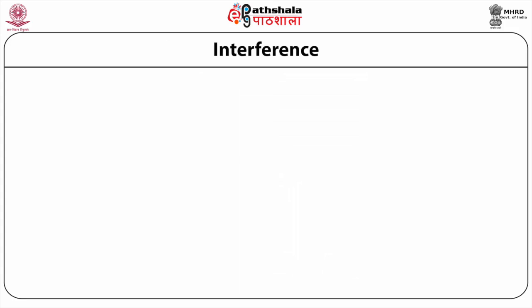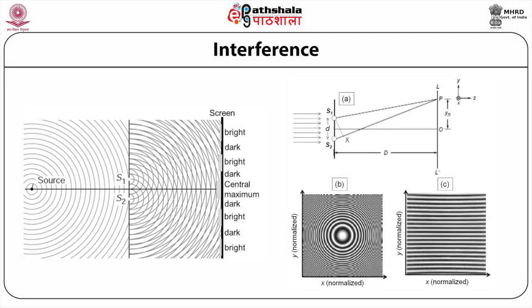Let's continue our discussion with the wave nature of light, or the wave nature of electromagnetic radiation. We talk about interference here. The first example that comes to mind is Young's double slit experiment, in which you have light coming from a light source in the form of spherical waves, and you put a screen which has two slits, S1 and S2.